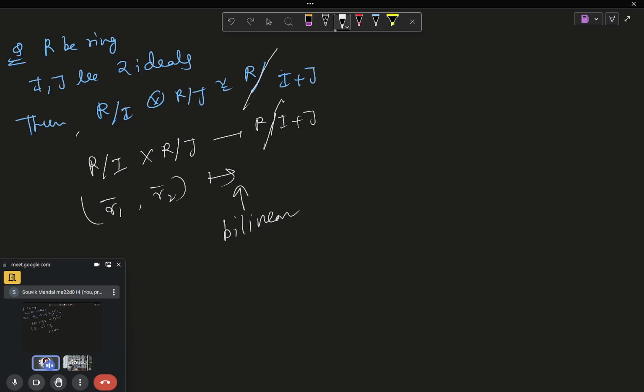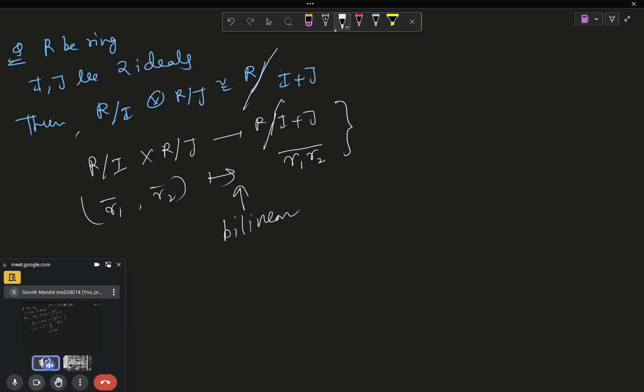It simply goes to r1 r2, not plus but ring multiplication, on the whole bar. So this is what we were talking about, correct? Okay.